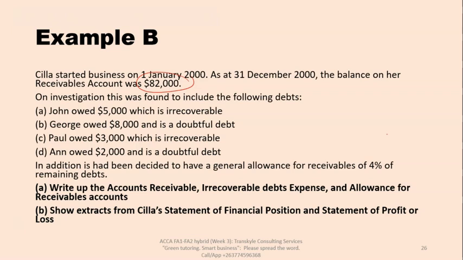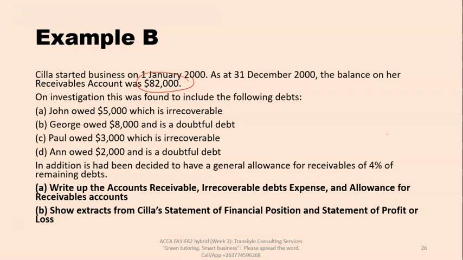Paul owed 3,000, which is irrecoverable. Anne owed 2,000 and is a doubtful debt. In addition, it had been decided to have a general allowance for receivables of 4% of remaining debts. Write up the accounts receivable, irrecoverable debts expense, and allowance for receivables accounts. Then show extracts from Sealer's statement of financial position and statement of profit or loss.